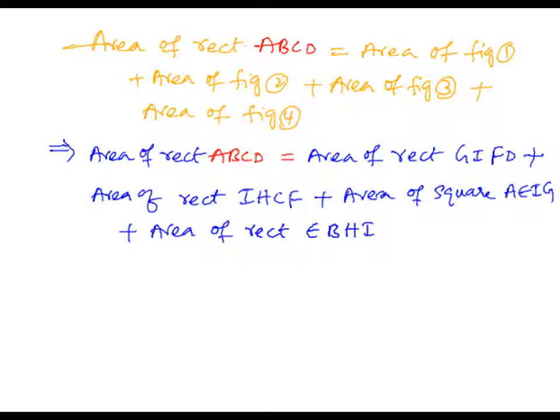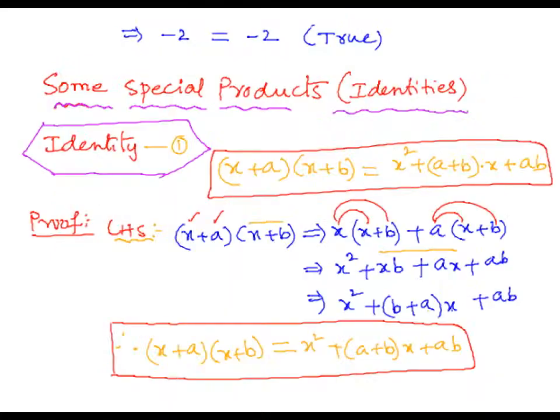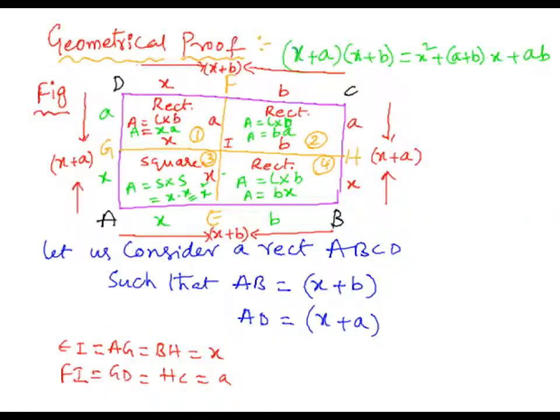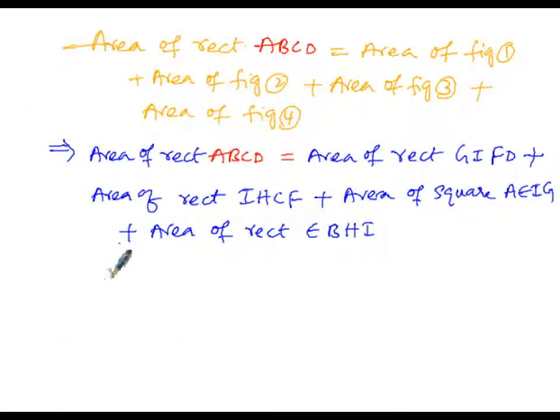So here area is given by length into breadth, where length is x plus b and breadth is x plus a. So length and breadth must be multiplied: x plus b into x plus a equals the areas of the figures.